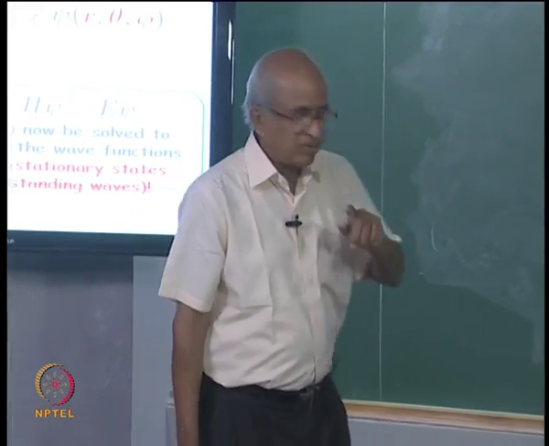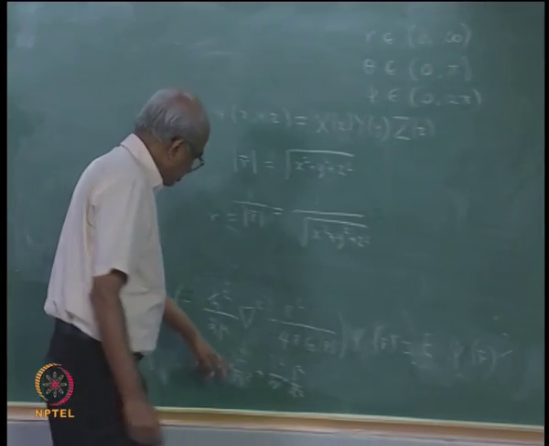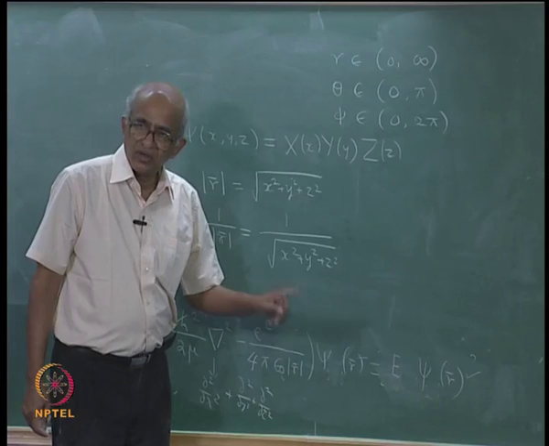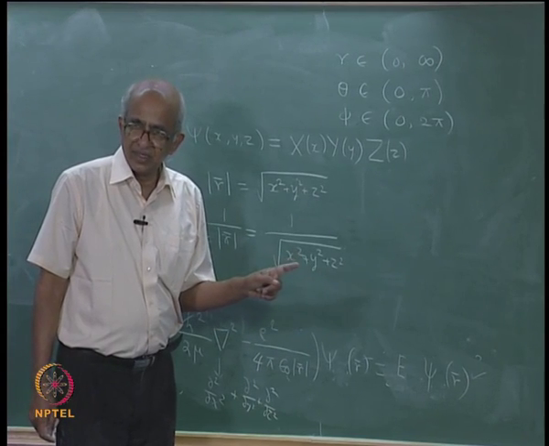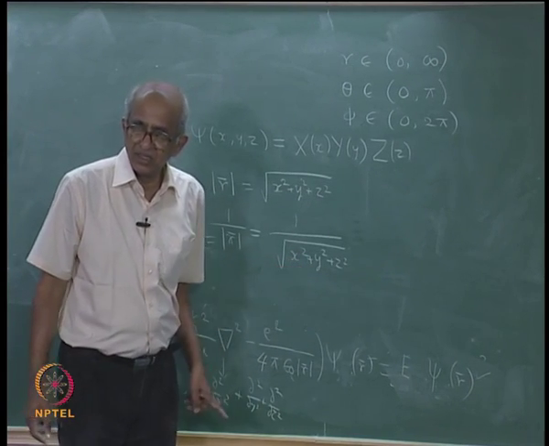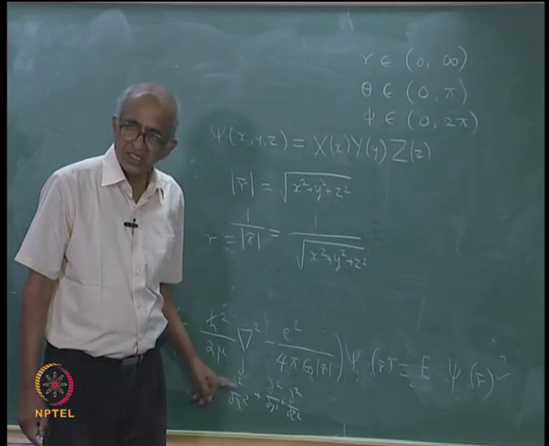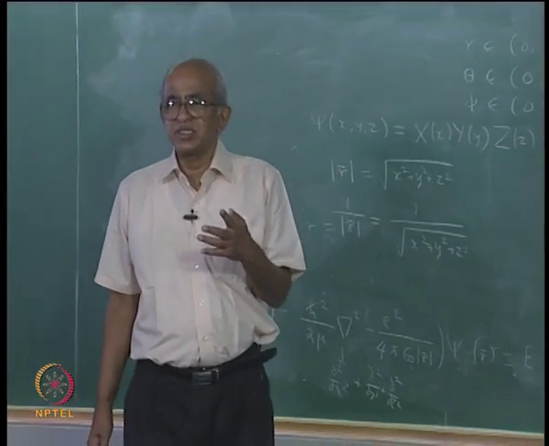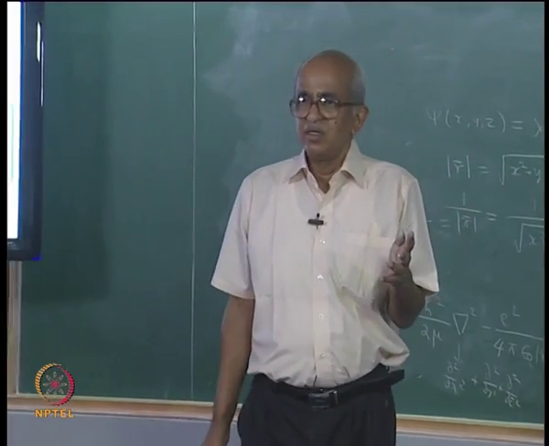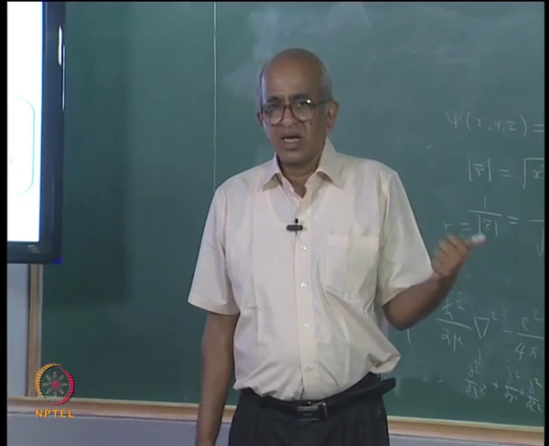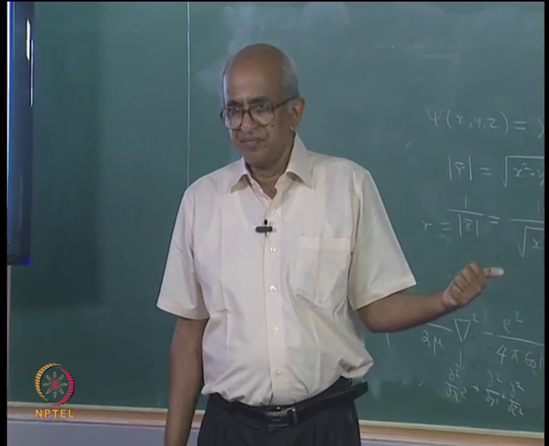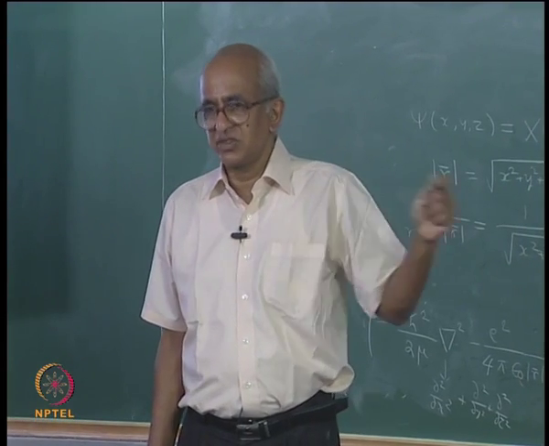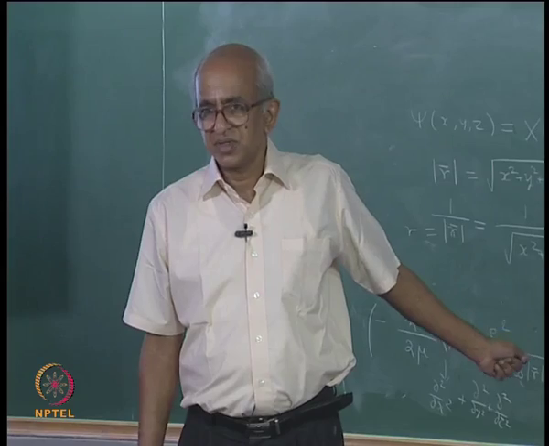correct. But now I am saying that I do not want to use x, y or z. I want to use the coordinates r, theta, phi, right. That means here this partial differentiation with respect to x has to be expressed in terms of partial differentiations with respect to the new variables which are r, theta and phi. And similarly, partial differentiation with respect to y as well as z have to be expressed.